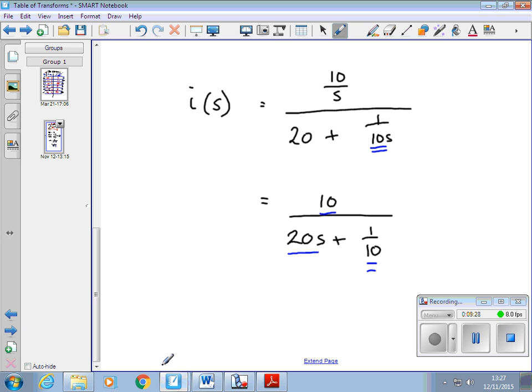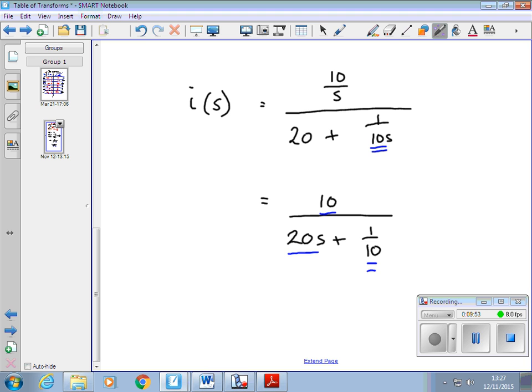Well, the next thing to recognise is that this S is not on its own. It's got a 20. So what can I do to get rid of that 20? Not times, because I want to get rid of it. If I divide by 20, I'll get rid of it, won't I? Divide both terms, top and bottom, every term in other words, by 20.